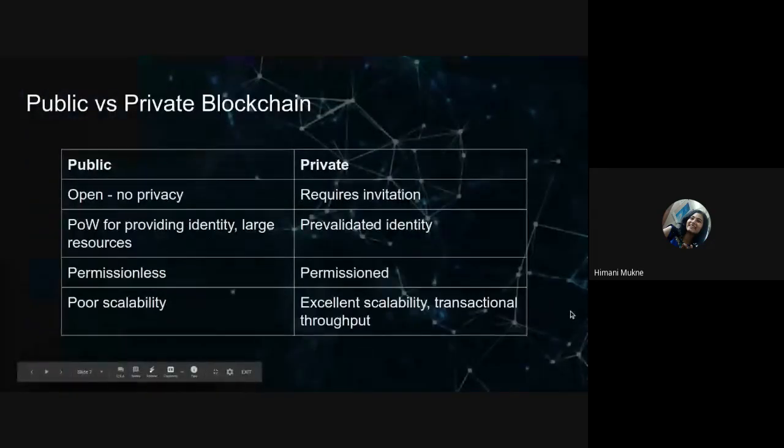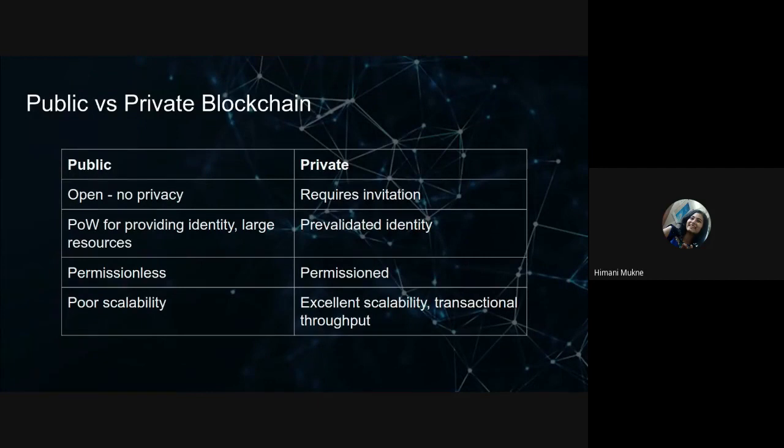Right. So this is a basic distinction between a public and a private blockchain. There are a lot of similarities between public and private blockchain. Let's address that first. Both are blockchains, so they are decentralized peer-to-peer networks at their core, where each participant maintains a replica of a shared append-only ledger, not edit-only, append-only ledger of digitally signed transactions.